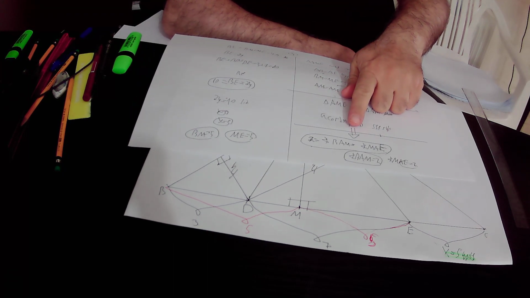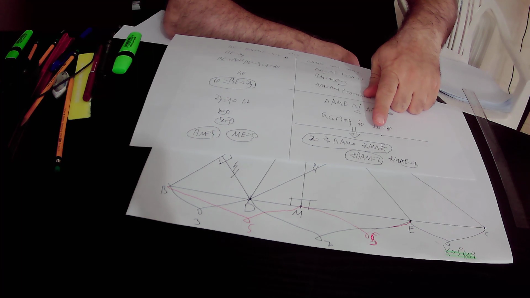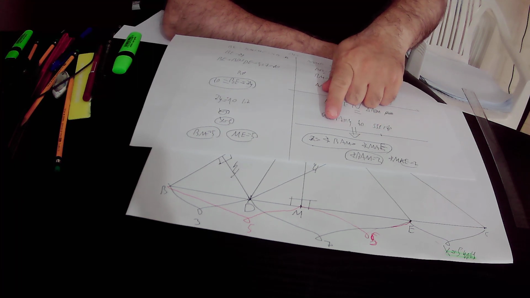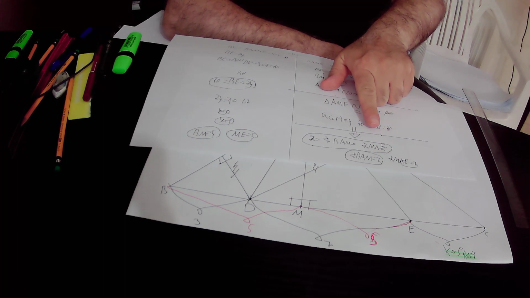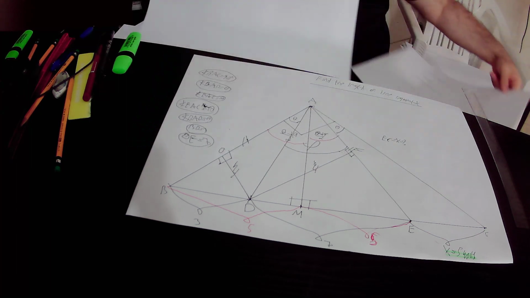So if we define angle BAM as Z, then according to this equation, we conclude that angle MAE is also equal to Z.